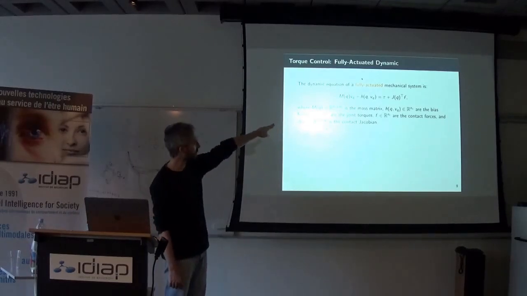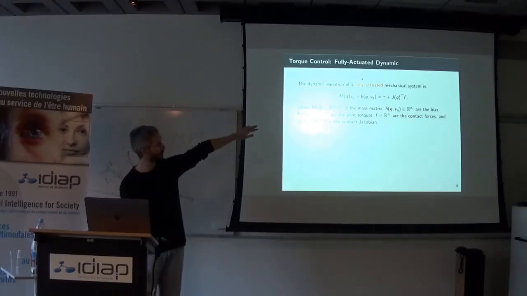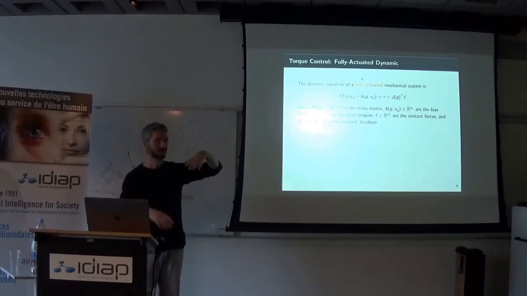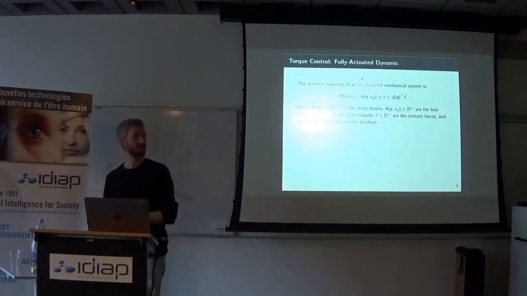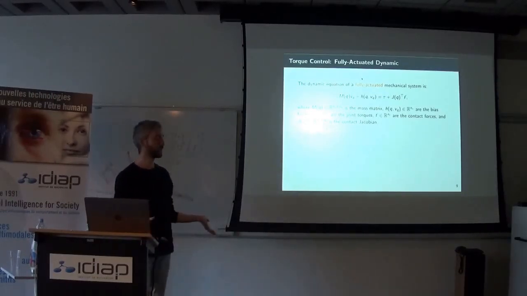You have M, the mass matrix, times q double dot, that are the accelerations of the robot, plus h, which are the bias forces or nonlinear effects. This goes with many different names. Basically, this includes Coriolis, centrifugal effects, and gravity.